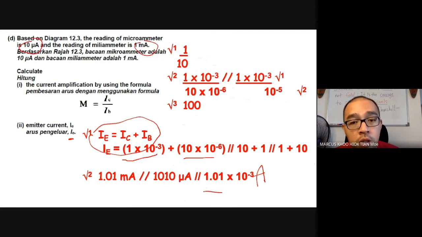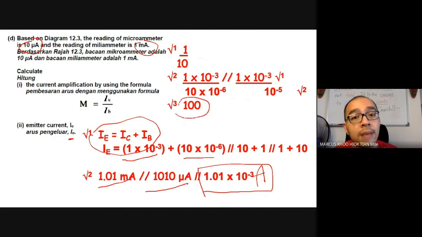So change it to ampere to play it safe. Or you can use 1010 microampere or 1.01 milliampere. All we know is that the current is amplified 100 times because of the transistor. So if you provide 1 amp, you're going to get 100 amps. But that's a bit too much.